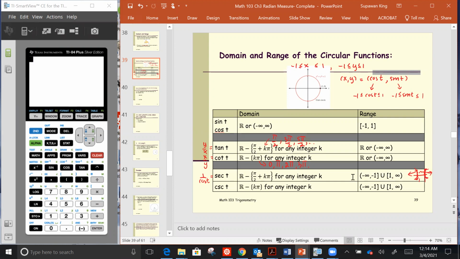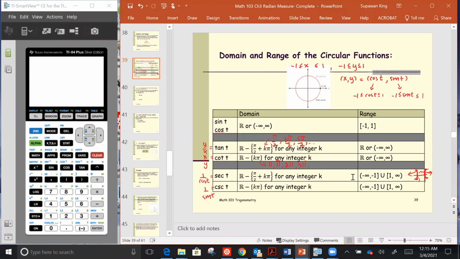Similar for the cosecant of t, which is 1 over sine of t. The restriction is from sine of t equals 0, or where the angle t is 0, pi, 2 pi, 3 pi, and so forth, which is the same restriction as the cotangent of t.